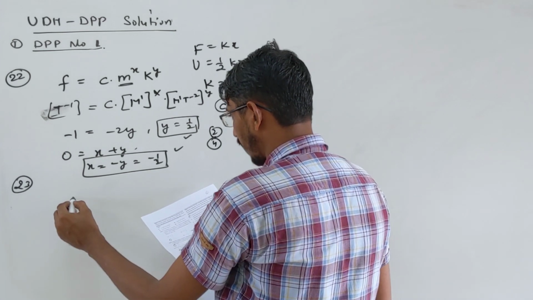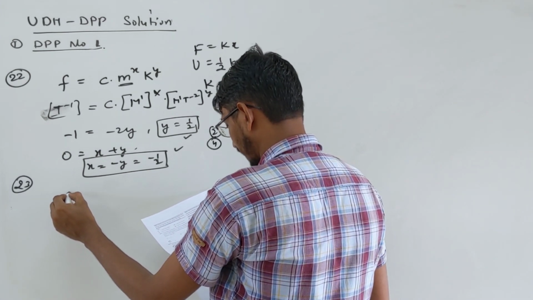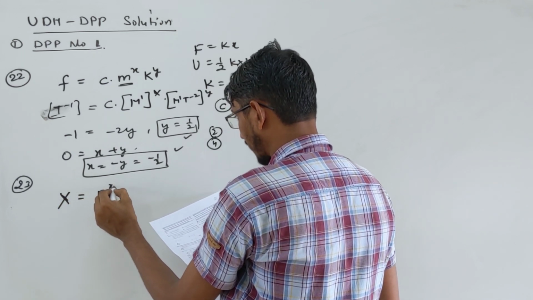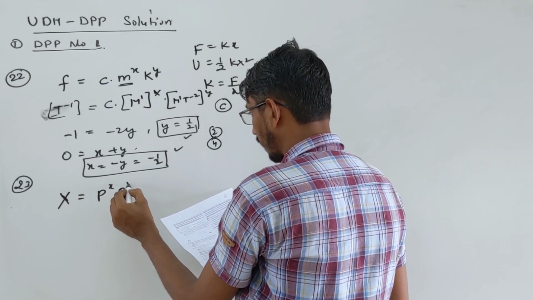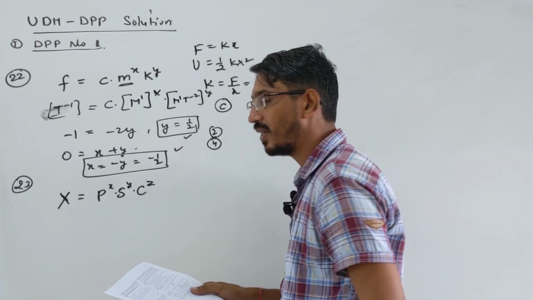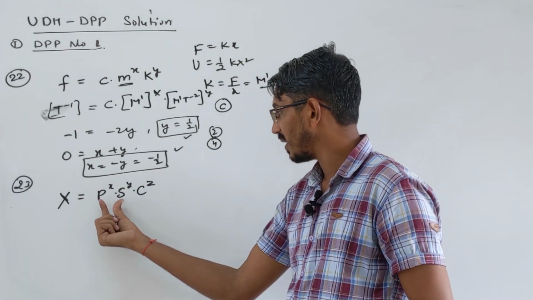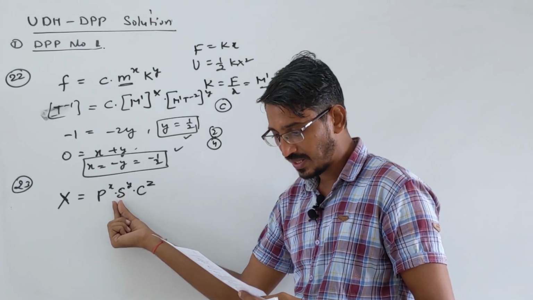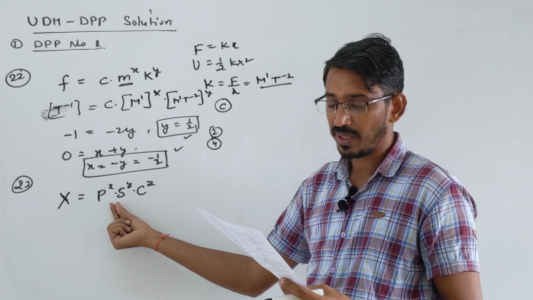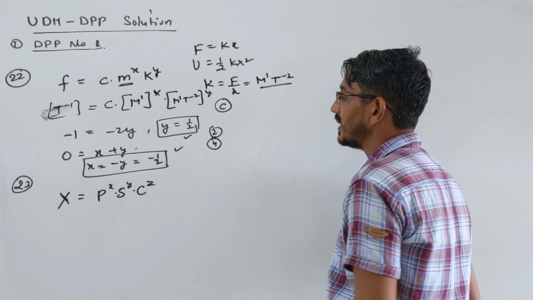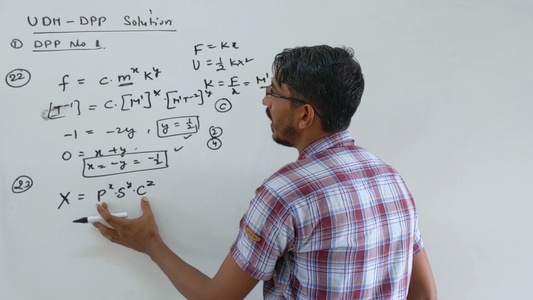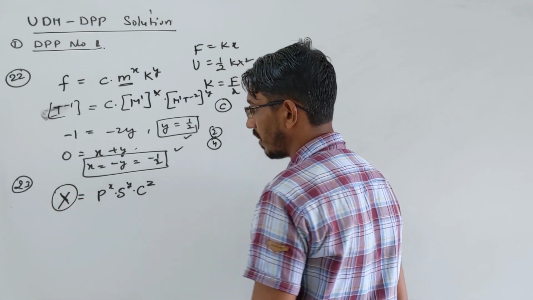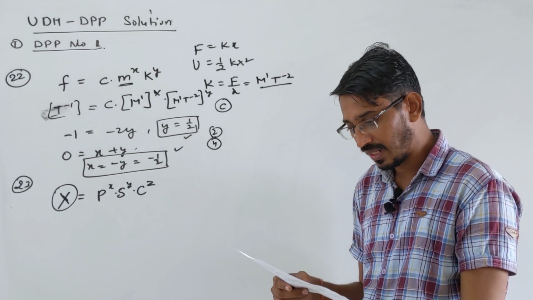Let's call the formula P power x, S power y, and C power z. They have mentioned that these are pressure, speed of light, and S means radiation energy per unit area per unit second. Then they said the dimension of this quantity is 0, dimensionless. Remember it. We have to find x, y, z.